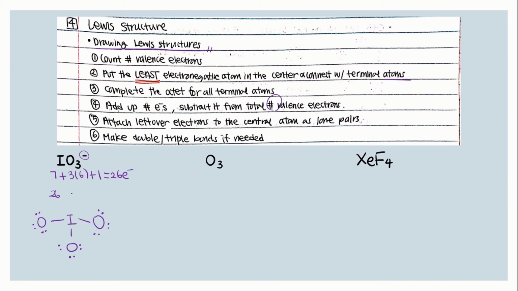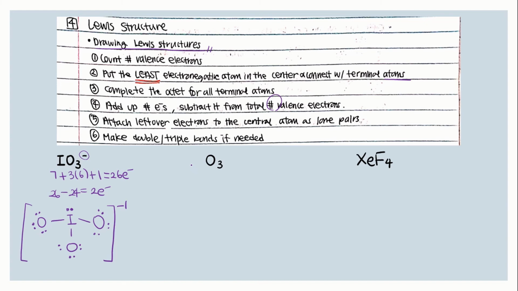So you do 26 minus 24, which is 2 electrons. And then you attach the leftover electrons to the central atom as lone pairs. So you put 2 electrons here, and then you check if all the atoms satisfy the octet. And you cannot forget to put this bracket because it is a charged molecule.